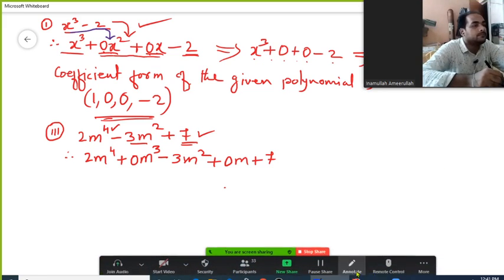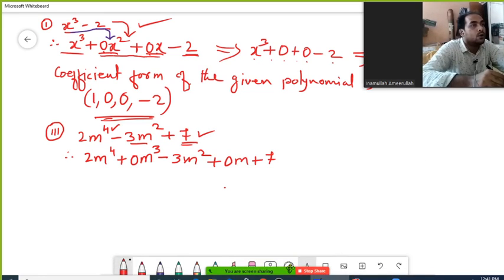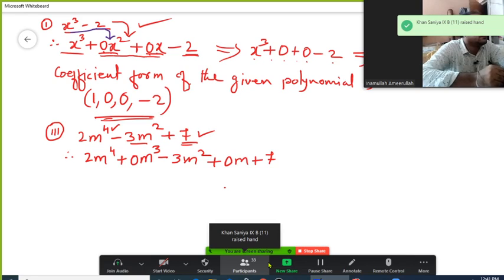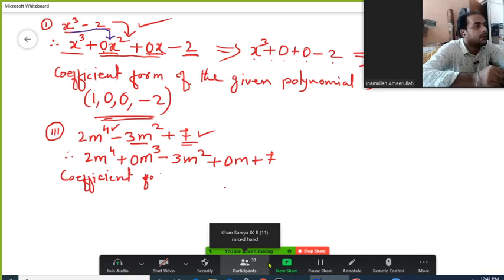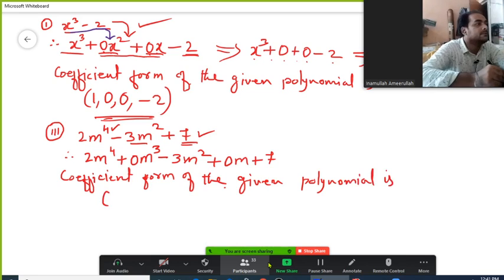Now this way we can find out the coefficient form of the given polynomial. The polynomial is, this term has coefficient 2, this term has coefficient 0, this term has coefficient -3, this term has coefficient 0, and this term has coefficient 7.